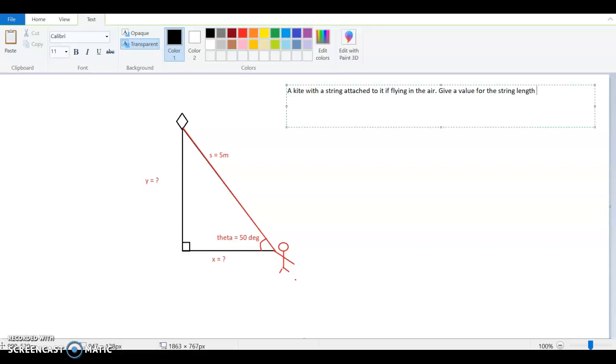So let's have the variable L. And the angle it makes with the x-axis, say negative x-axis, okay? Negative x-axis, all right? And let's have theta.